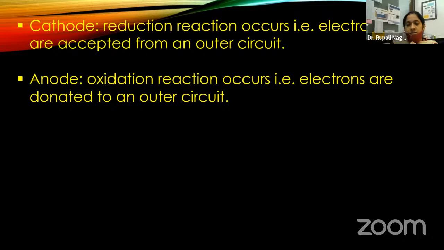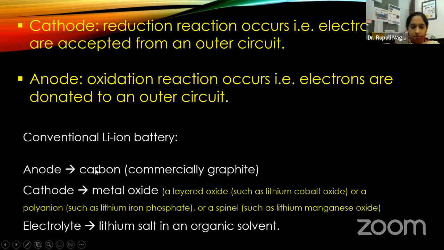Reduction, as you know, is nothing but gain of electrons. At the anode, on the other hand, the oxidation reaction takes place, and the anode is where loss of electrons is happening. So in a conventional lithium-ion battery, the anode is made of carbon.